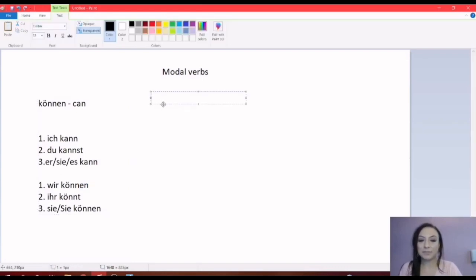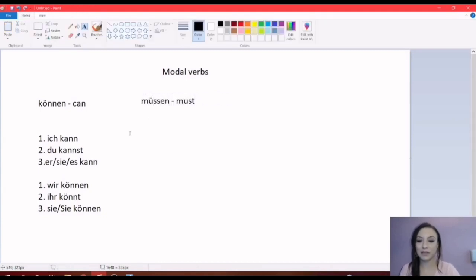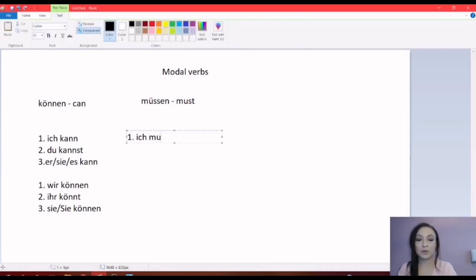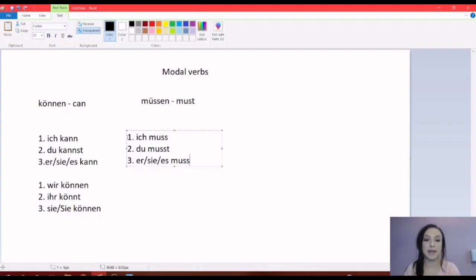Okay, next one is müssen, which means must. It goes like this: ich muss, du musst, er, sie, es muss. Again, the first and third are the same.